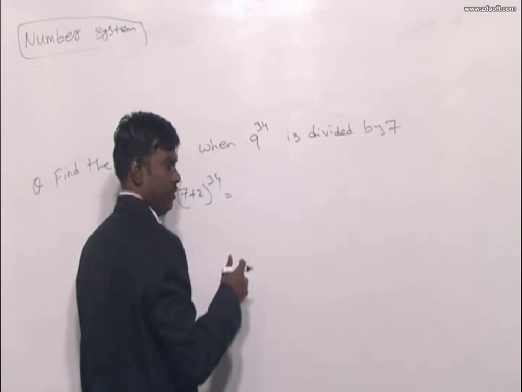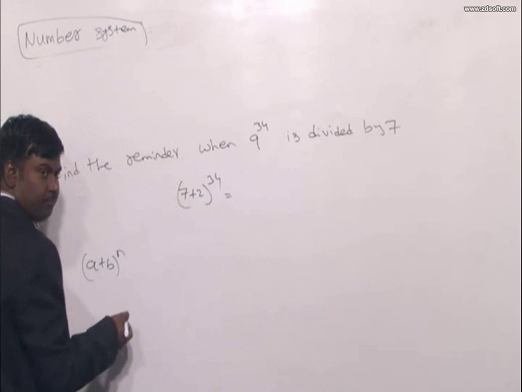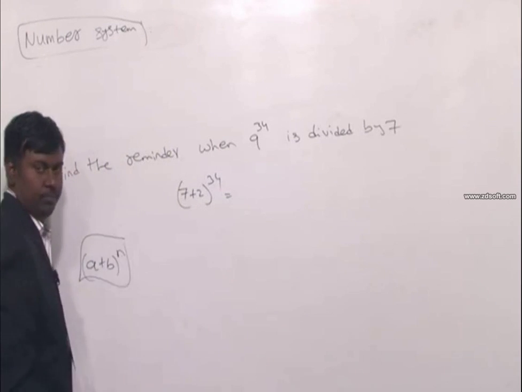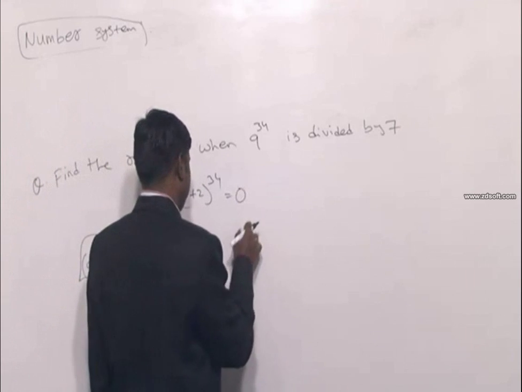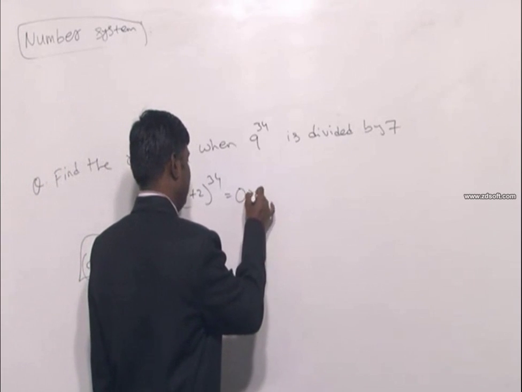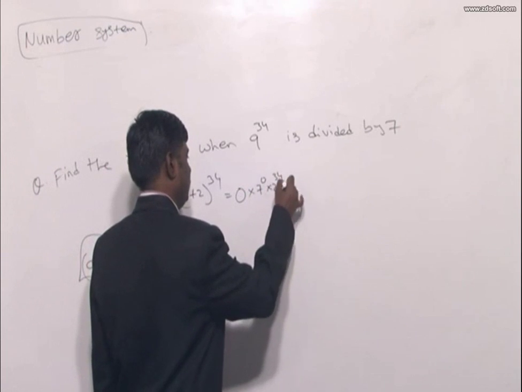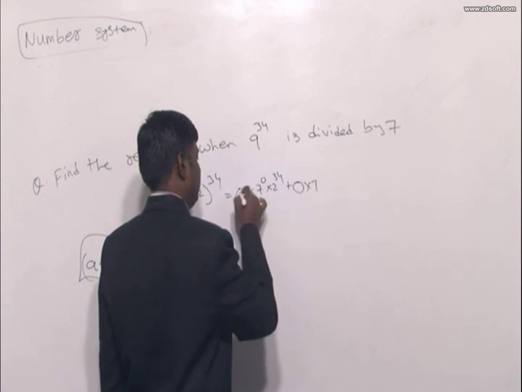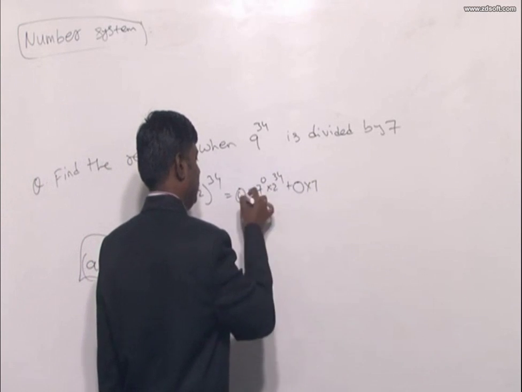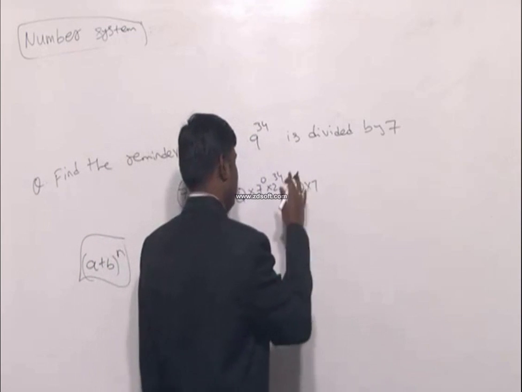So 7 plus 2, now it is like a plus b whole power n. I am trying to use this formula. So forget about the coefficients. You will have 7 power 0 into 2 power 34 plus 7 power some number with coefficients C1, C2. I don't need to bother about C1, C2.